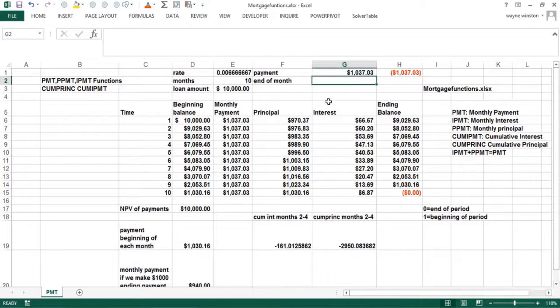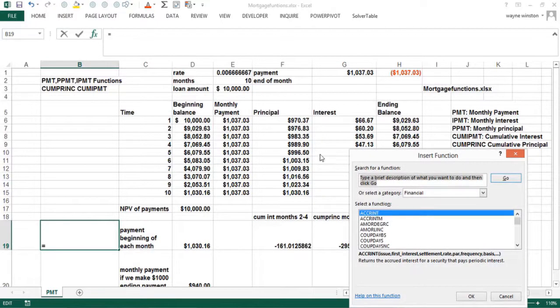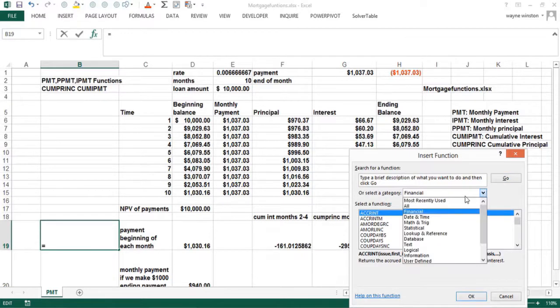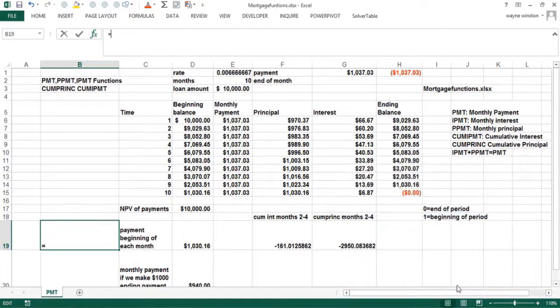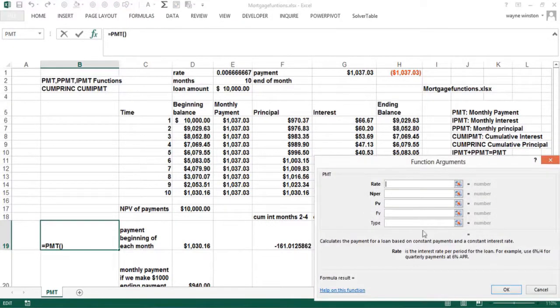Okay. Now if it's the payment at the beginning of each month, you would simply use the last argument being 1. So I can go to most recently used functions. This is a little trick because I just did PMT. Okay, so it's 0.08 divided by 12.